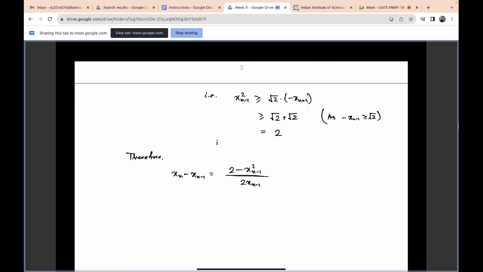Now this is the same as saying that 2 minus xn minus 1 square is less than 0.